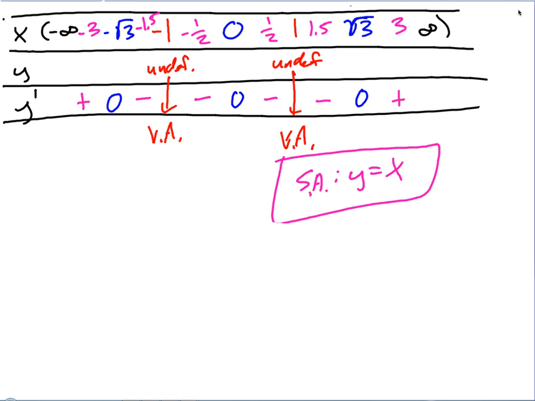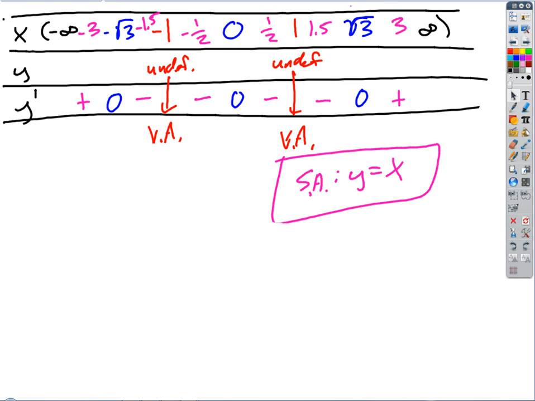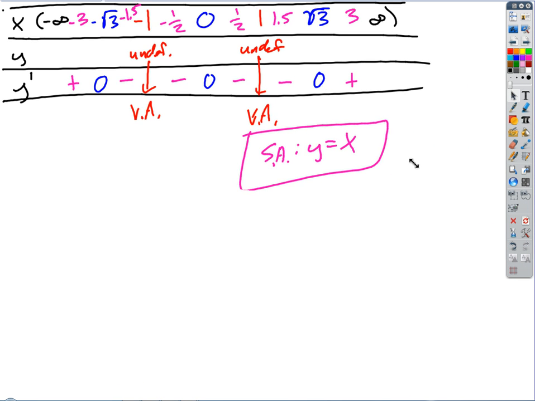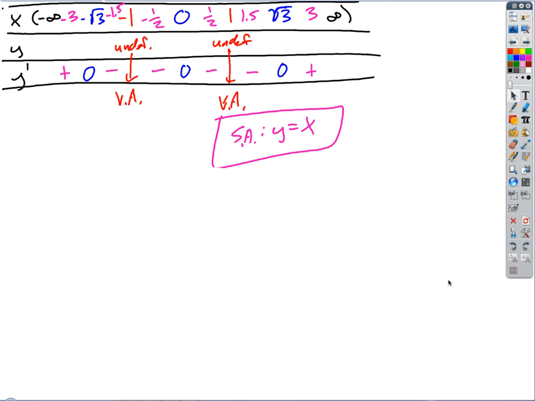Okay, so there's our table. Let's see if we can get a sketch of this thing. What's this going to look like?